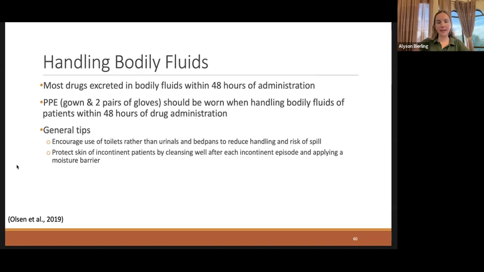Some other general tips: encourage patients to use toilets rather than urinals and bedpans to reduce handling of those fluids and risk of spill. We also want to protect the skin of incontinent patients by cleansing them really well after an episode of incontinence, and then applying a moisture barrier.